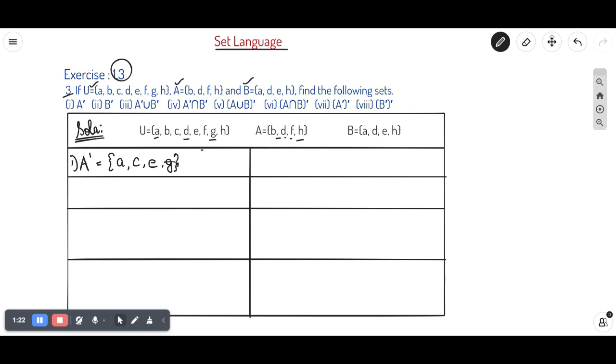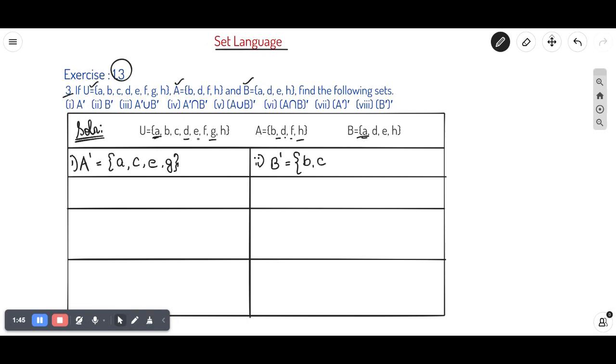In a similar way, let us go to our second question, which is B dash. B dash means you have to write all the elements of your universal set except B. So let us start. Again, a is not in B, so you can write a. Then b is there in B, so you can't write b. c is not there in B, so we write c.